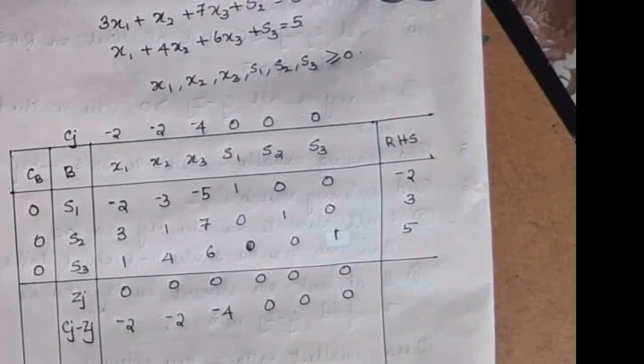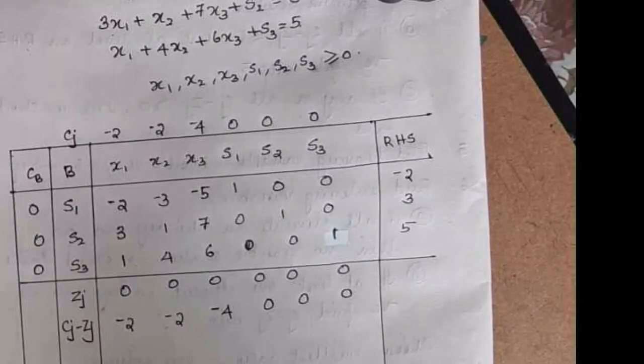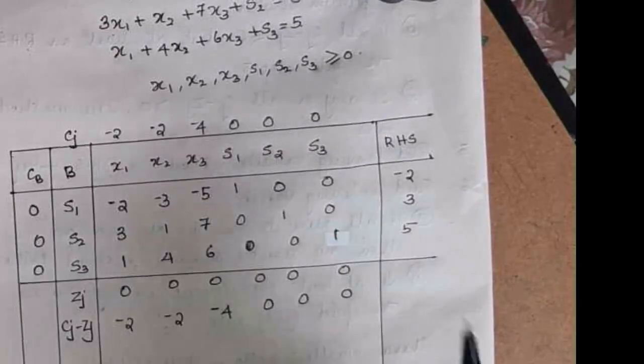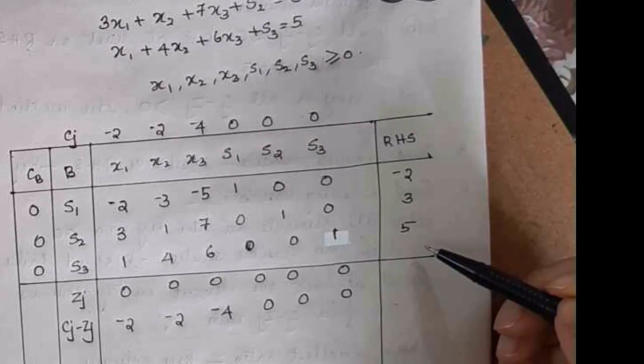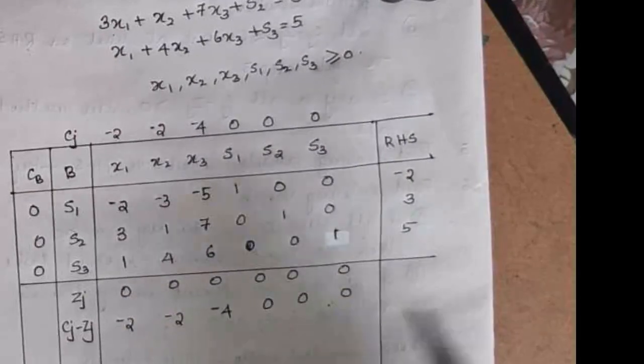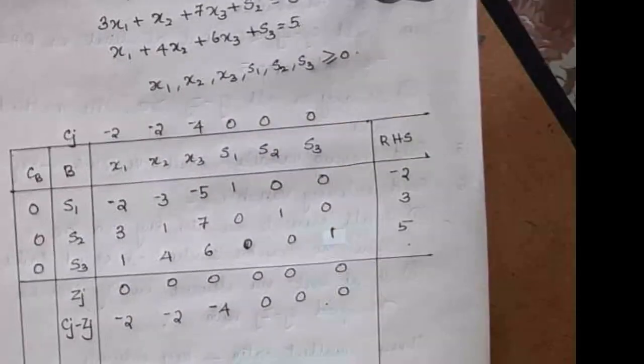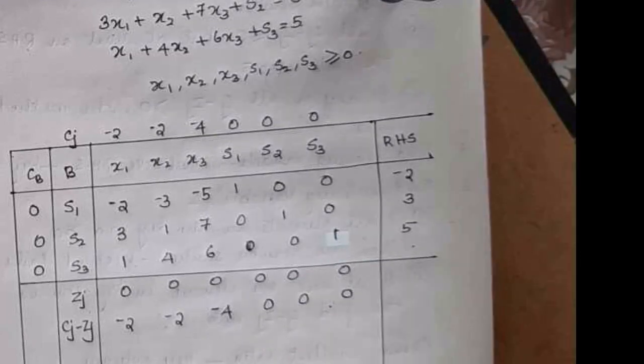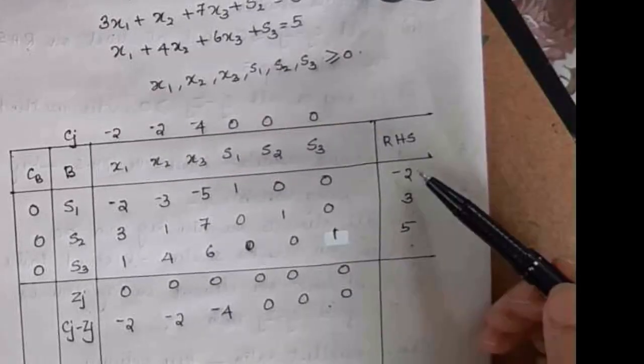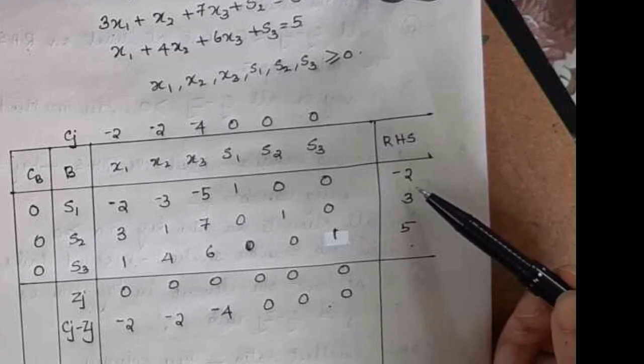The condition is: if all Cj minus Zj are less than or equal to 0, we have reached an optimal solution. But we have to look at the right hand side. If it is all positive, you have reached the final solution. But since we have one negative value, we should go to the next table.